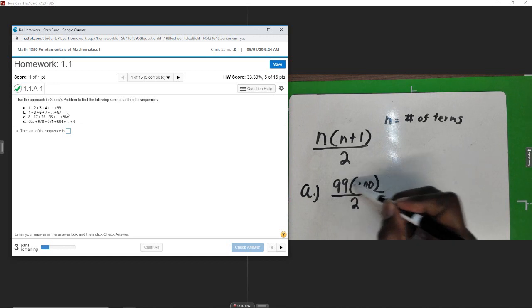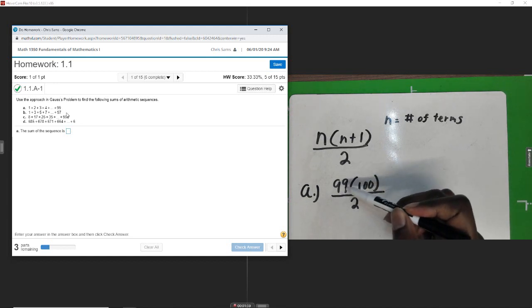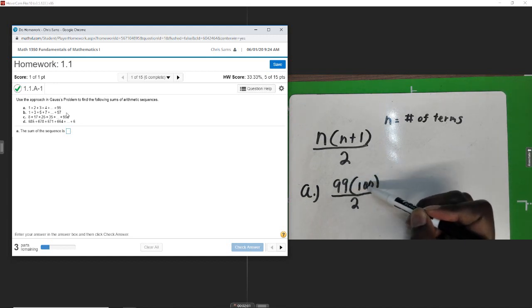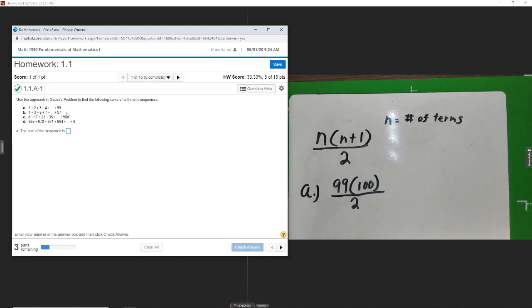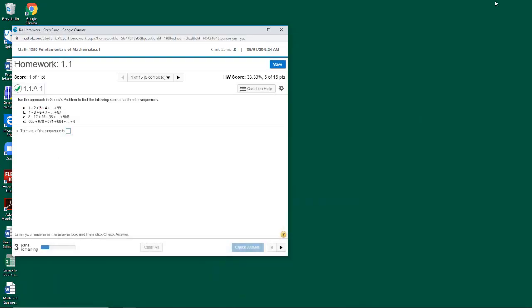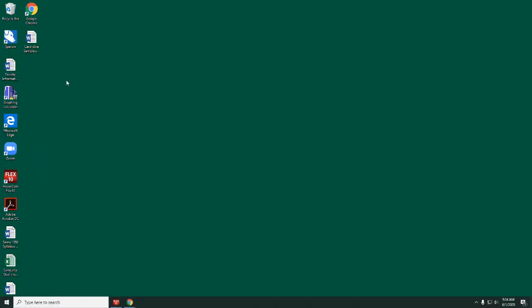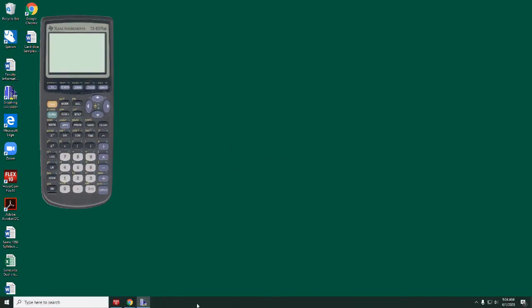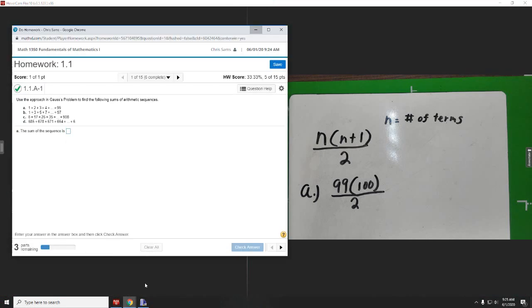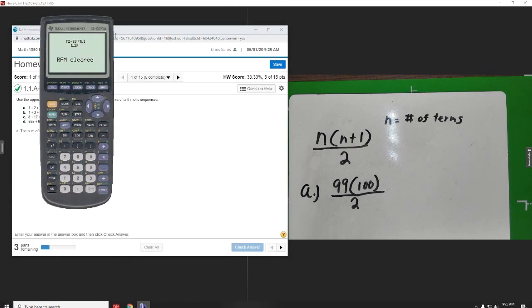Okay, so I'm going to do the math here. We're going to multiply 99 times 100 and divide by 2. So I'll just do that with the on-screen calculator. And I will add a link to show you guys how to get this. If you don't have a graphing calculator or a calculator of some sort, you will want to have something like that because we'll use it quite a bit.